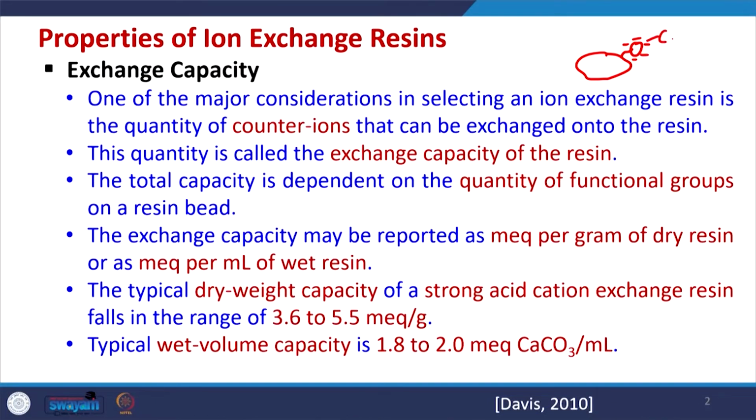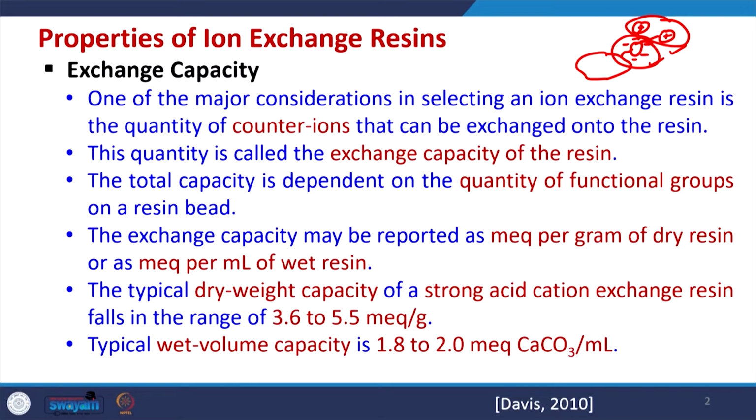If we have a resin bead, it will have some functional groups with negative charge, and with these there will be other functional groups with positive charge. These positive charges get exchanged, but how many of these charges, both anionic and positive, are present on the ion exchange bead will determine the total capacity of that particular resin.